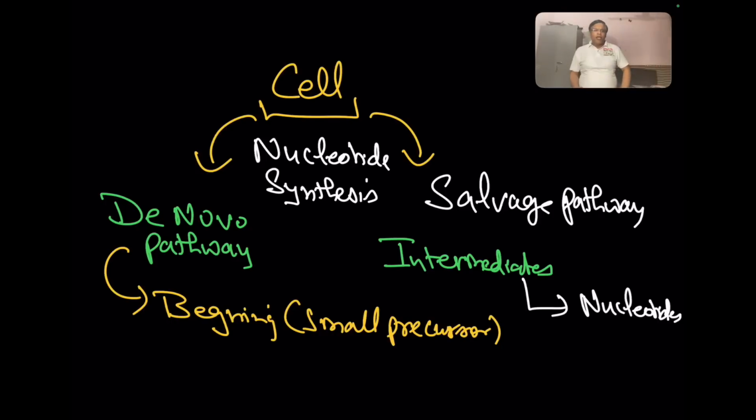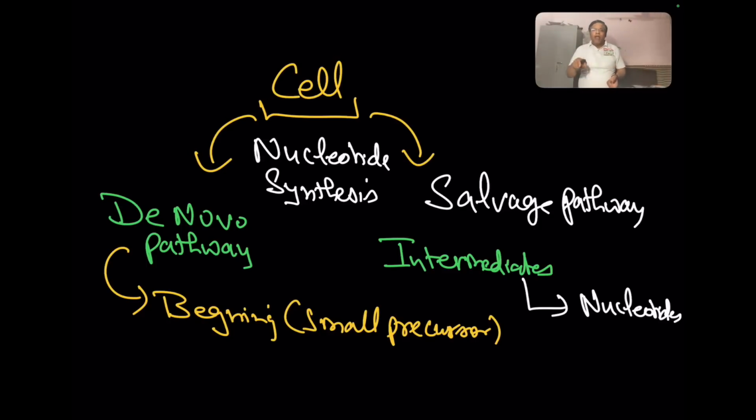In the case of the de novo pathway, the cell is going to synthesize nucleotides, purine nucleotides and pyrimidine nucleotides, from the beginning. It is going to start from the skeleton of amino acids, carbon dioxide, and there is a slightly lengthy process, and by using that process, the cell is going to synthesize nucleotides.